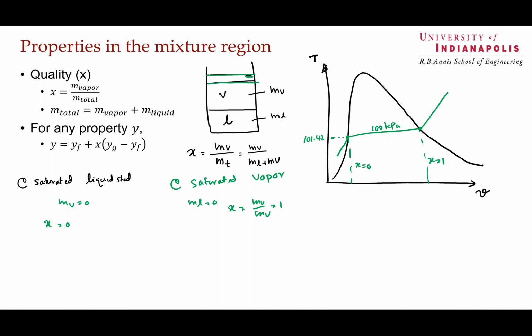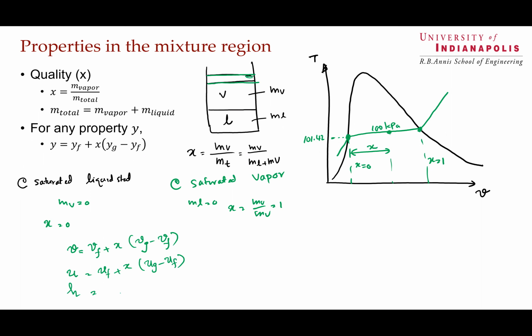So if you want to find any property in between, we need to know what the x value is. And since we have Vf and Vg, we can find V for volume: Vf plus x times (Vg minus Vf). And we can find Uf plus x times (Ug minus Uf).